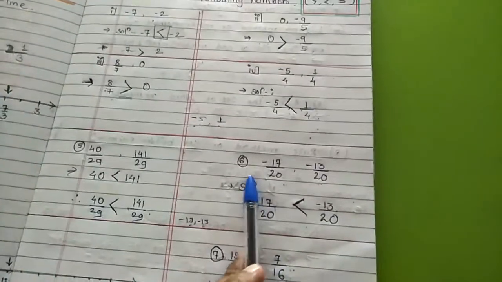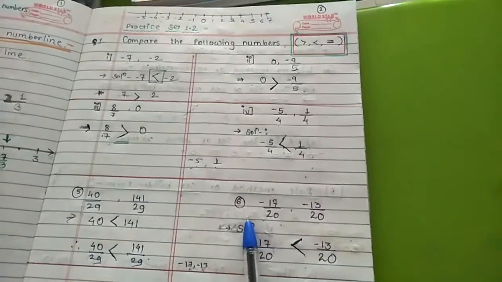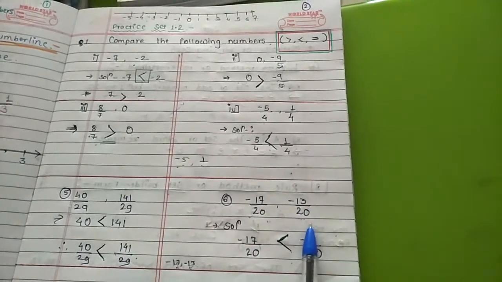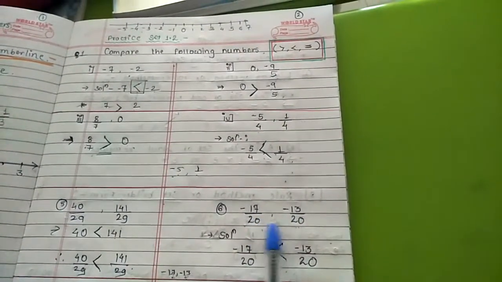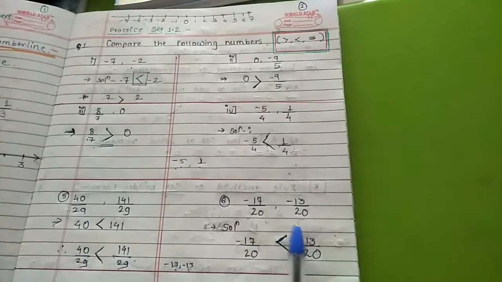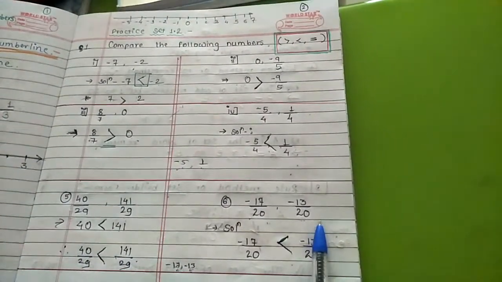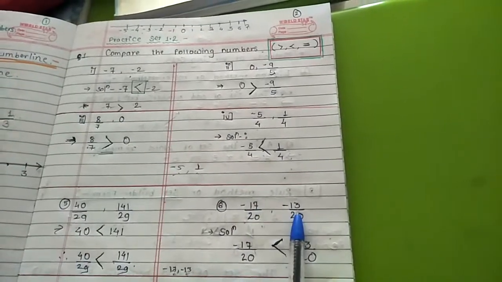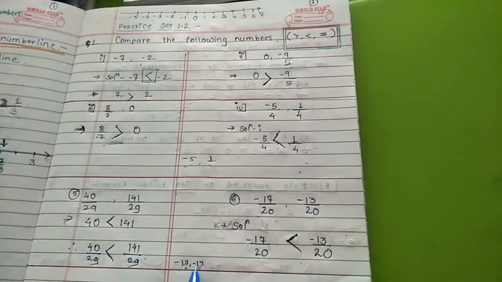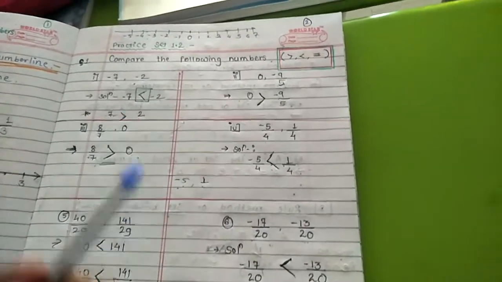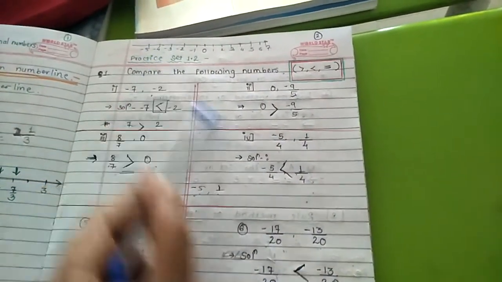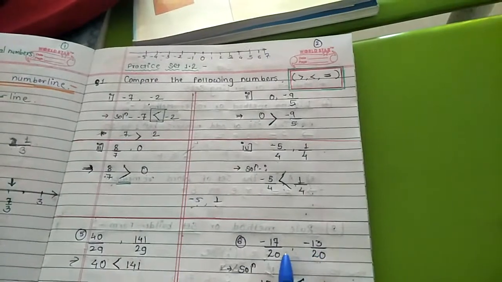Now we are going to see the sixth sum. The sixth sum is -17/20 and -13/20. Observe the denominator, yes, it is equal, that is 20. Now the numerators are -17 and -13. Think about the number line. On the number line, which number will come first, -13 or -17?